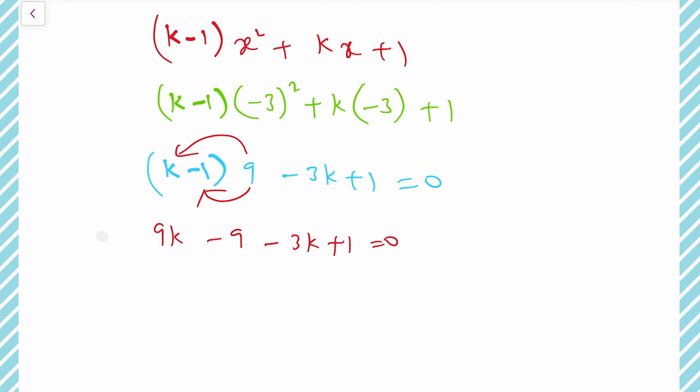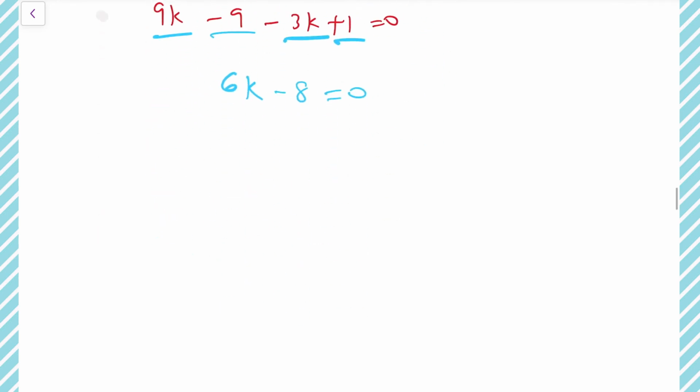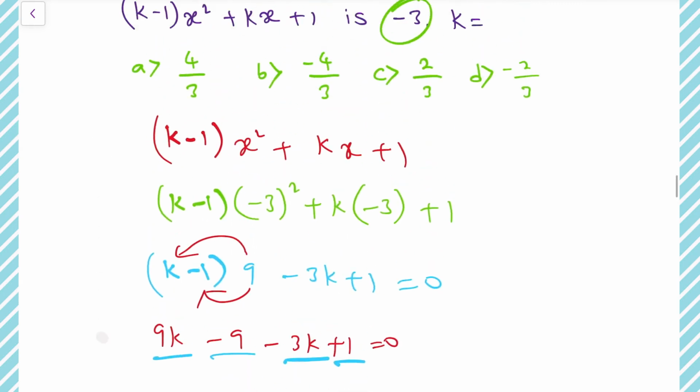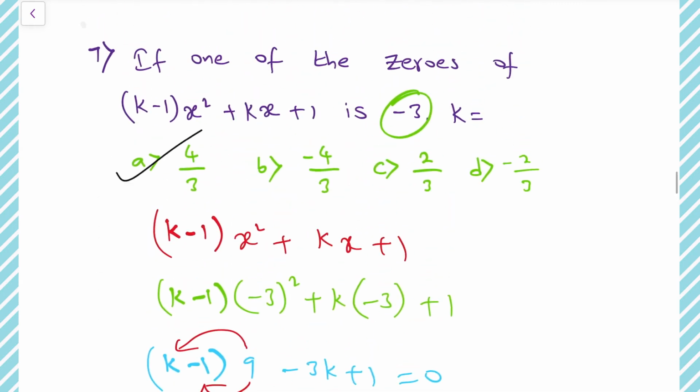Now if we simplify this further, 9k minus 3k is 6k, minus 9 plus 1 is minus 8, equals 0. Take minus 8 to the right side. 6k equals 8. Then k equals 8 by 6. 2 4s are 8, 2 3s are 6. So k value is 4 by 3. Option A.